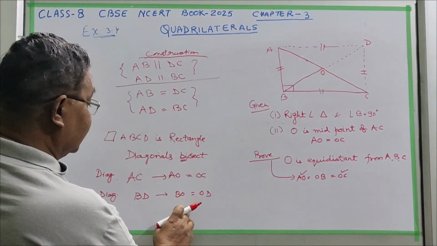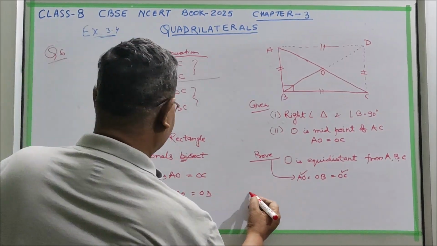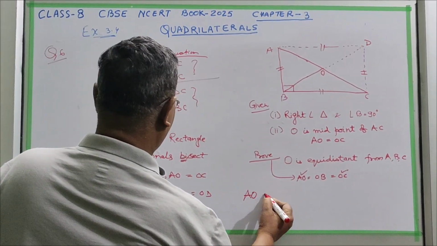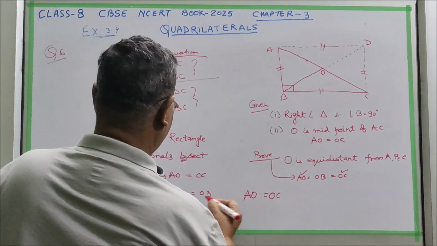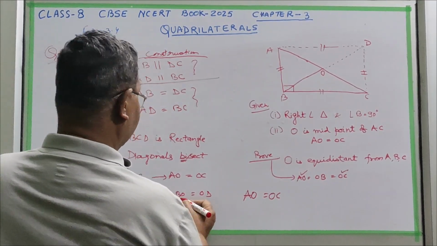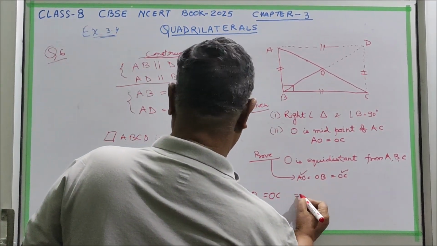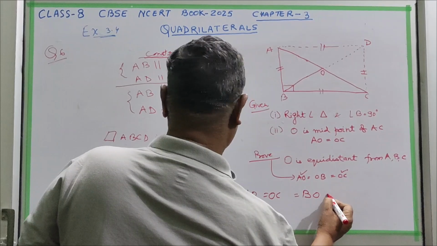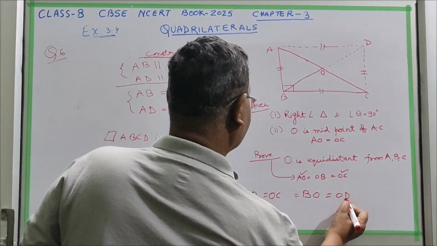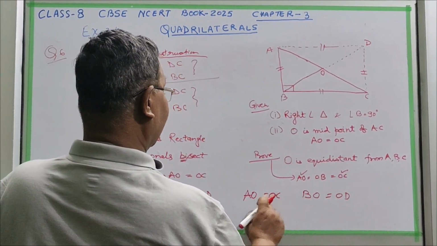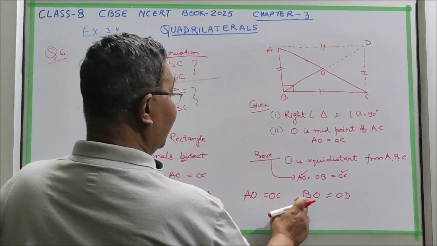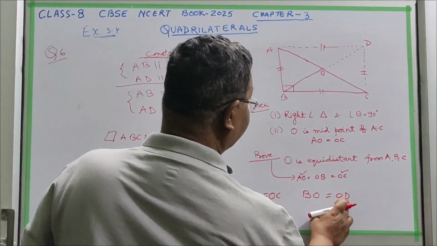So from this we get AO equal to OC and BO equal to OD.